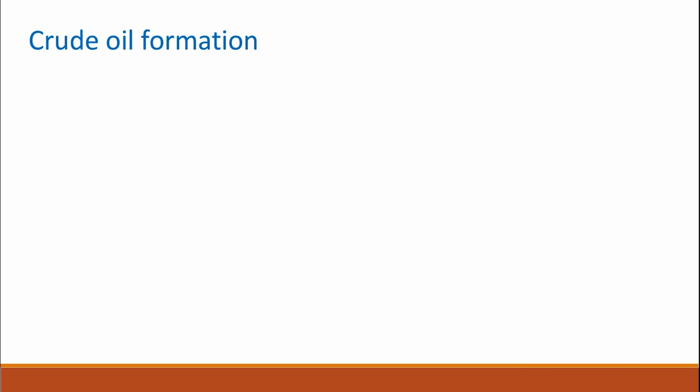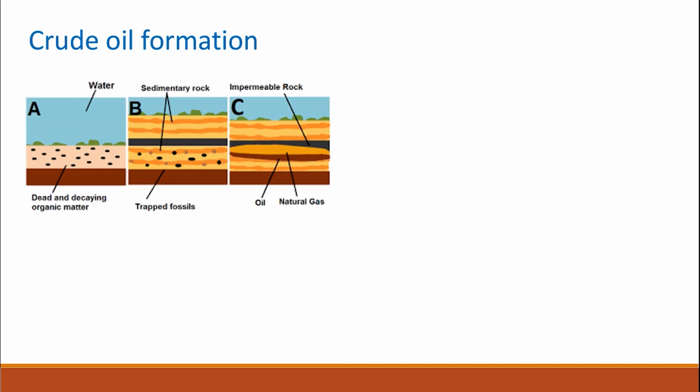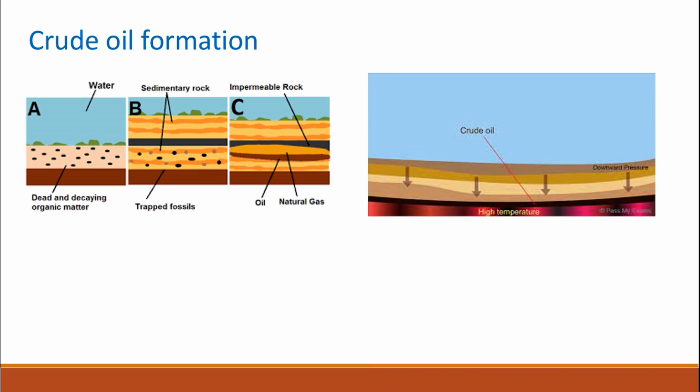All the hydrocarbons come from crude oil. So how is crude oil formed? Crude oil comes from the remnants of living organisms that lived millions of years ago. These have been buried under the soil for a very long time, and they have been subjected to high pressure and temperature, which changed them and turned them into crude oil.